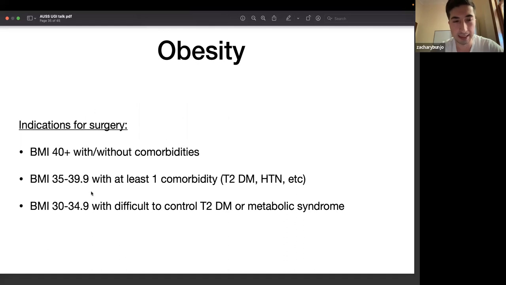The classic indications for surgery are a BMI of 40 plus. This is the kind of stuff that I'd memorize for MCQs.